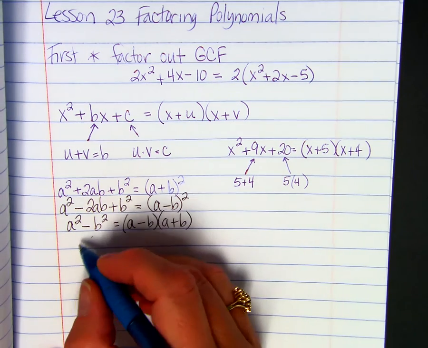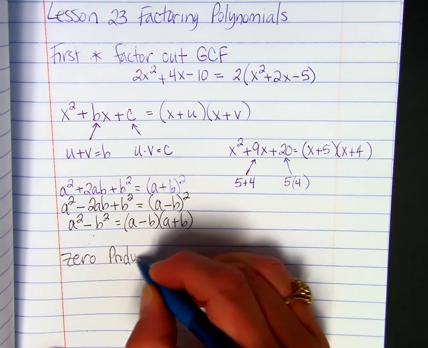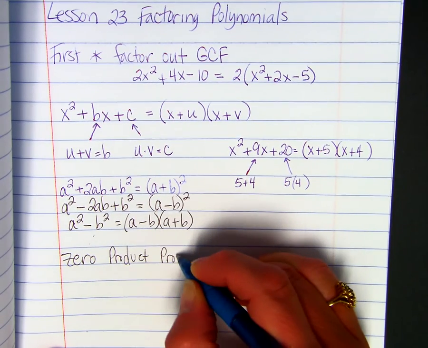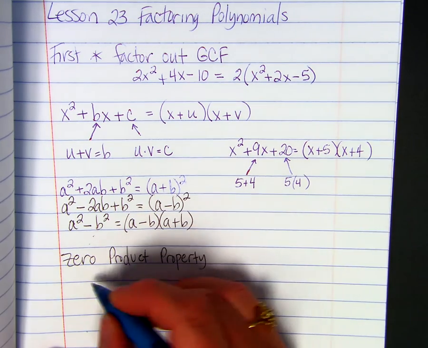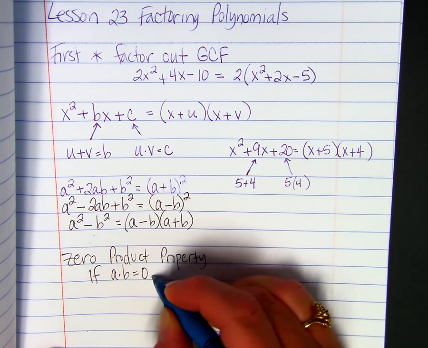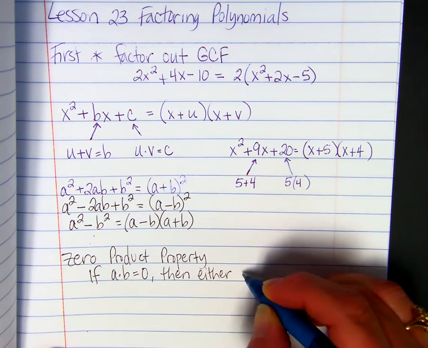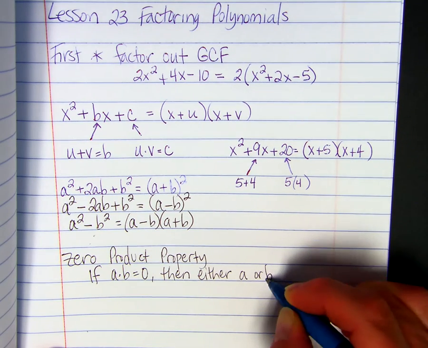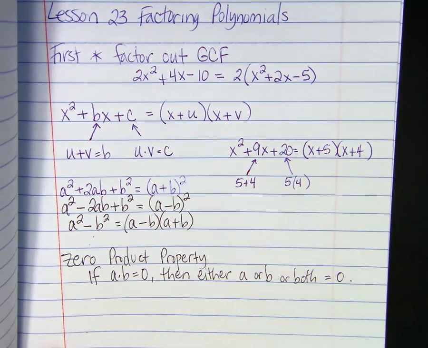Sweet. We have what's called the zero product property, which is just if two numbers multiply to get 0, then either a or b or both will equal 0.